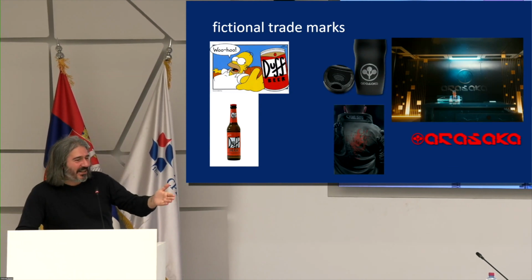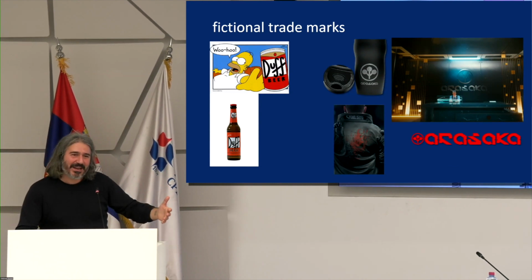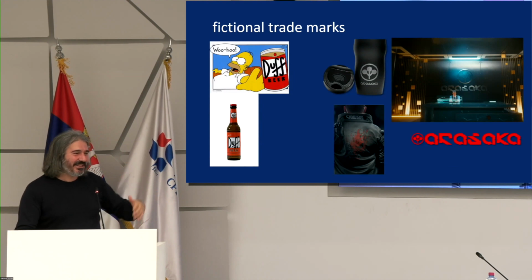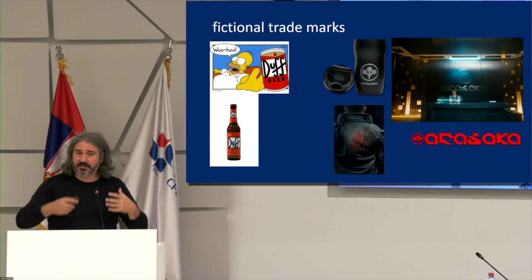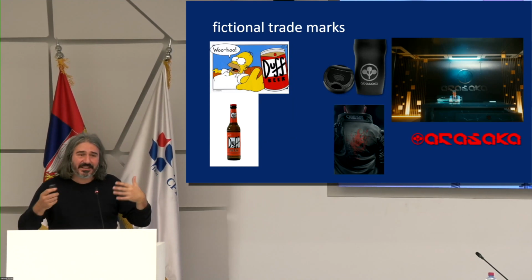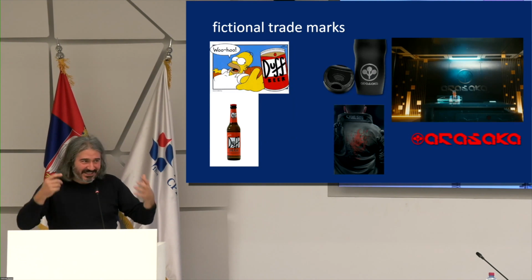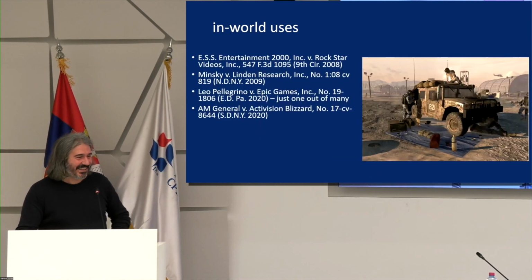Soon I'm going to remove Duff Beer, because I do believe that Arasaka is becoming probably more famous globally than the Duff Beer from The Simpsons. And this creates a lot of theoretical questions on trademark, but it is again something in which we can anticipate registration of trademarks in the metaverse.